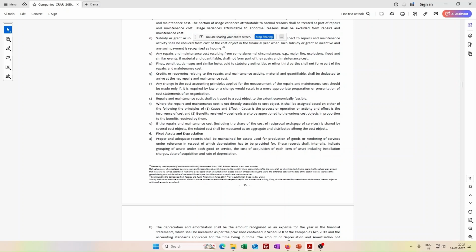I am giving one example. The factory building and factory machinery depreciation should be booked under production cost. But if it is the distribution machinery through which the production will be dispatched, that depreciation should be booked under selling and distribution overhead. That is not to be considered as a direct depreciation.